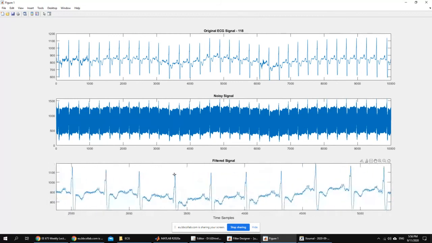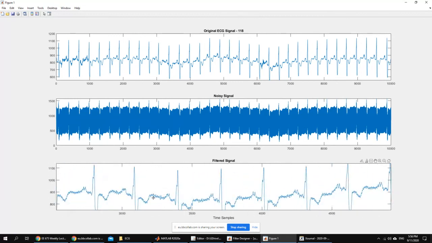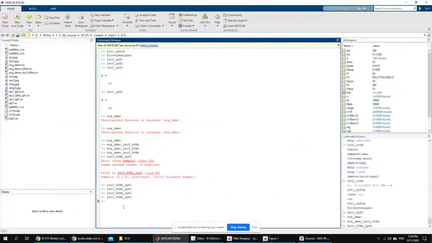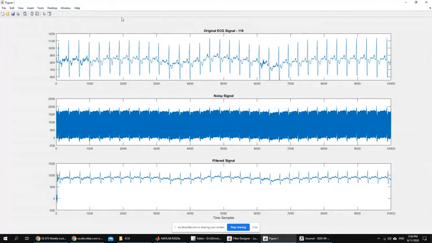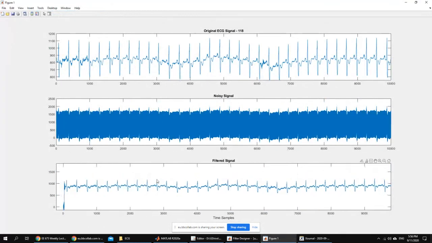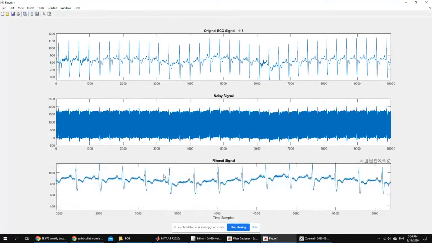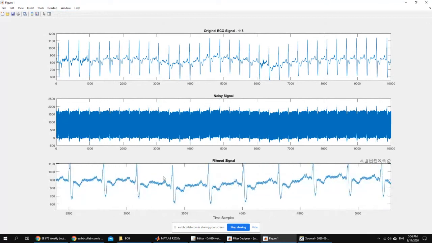You can see that there is some residual noise here that is still present. Maybe you can magnify that even more, 1000. I just want to see the output becoming a little bit, see here, now it's more noisy. It's clearly more noisy in the output.